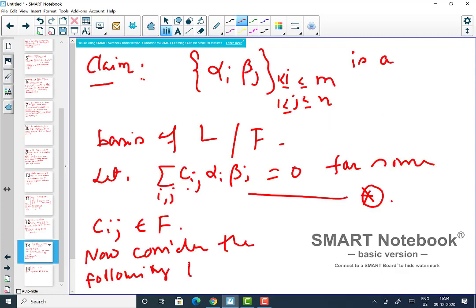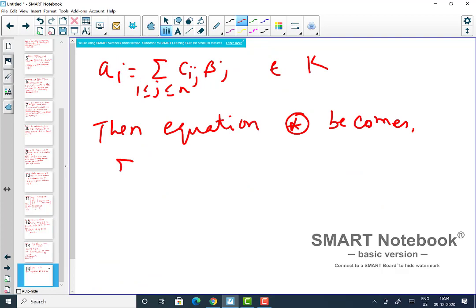So this Cij beta j equals ai, so this is ai alpha i. This summation over i of ai alpha i equals 0, with ai an element of k, right?